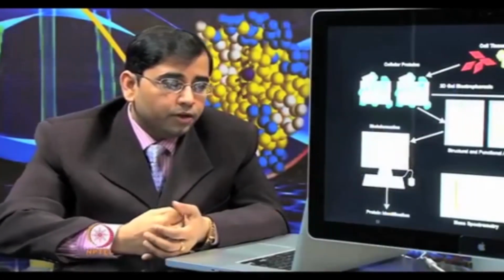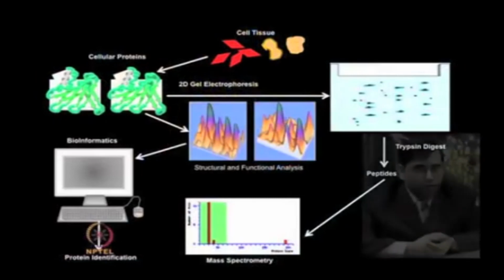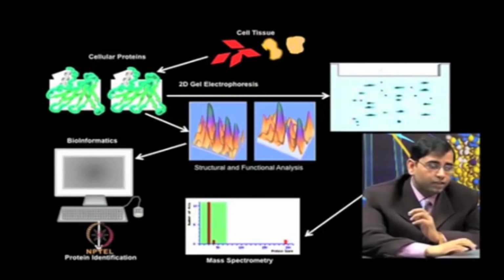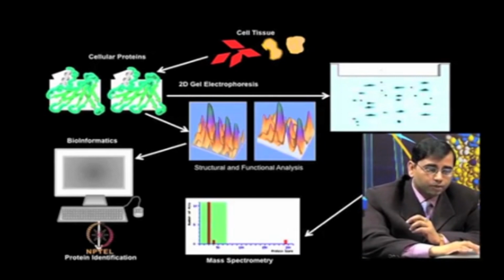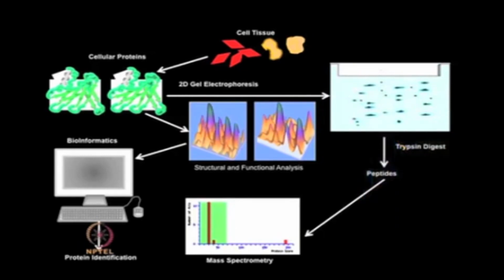So, I am giving you a view of abundance based proteomics or differential expression profiling, where you can separate the proteins and compare the abundance of each spot as shown in the 3D views, and then the spot of interest could be trypsinized and identified. The peptide spectra can be generated from mass spec.